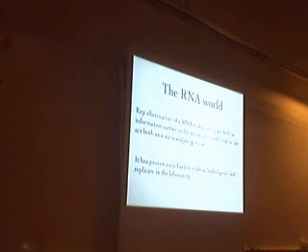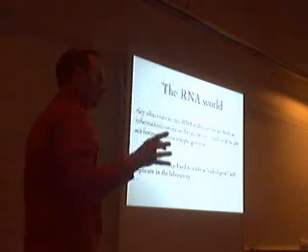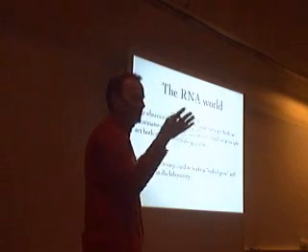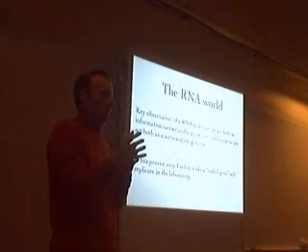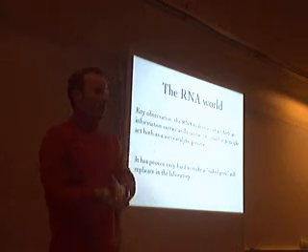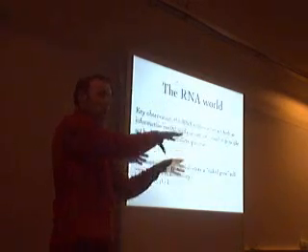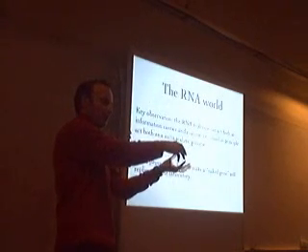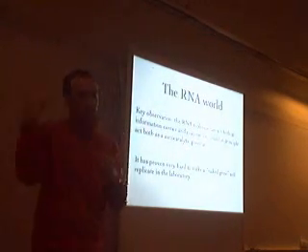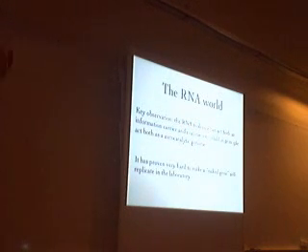So it can carry both the information in the genome and the actual function of the enzyme. Normally this is done by two completely different molecules in the body. The information is in the DNA, and then that's transcribed over to a protein, and the protein does the actual function that the DNA has encoded for it to do.